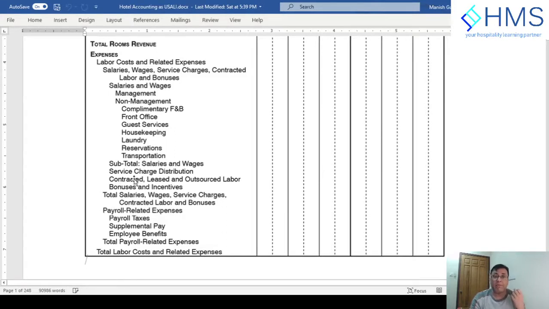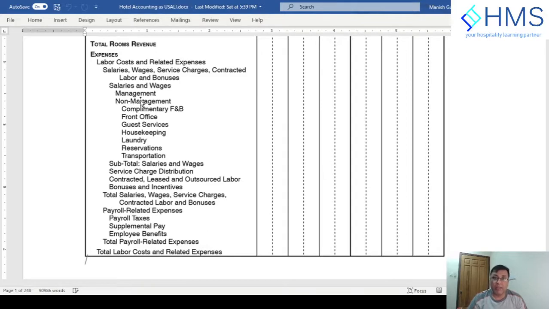So primarily, the labor cost in rooms division, salary wages, is divided into two parts. One is called management and one is called non-management. And non-management is further divided into complementary F&B, front office, guest services, housekeeping, laundry, reservations, and transportation. Because they are all part of the rooms division, rooms service center.